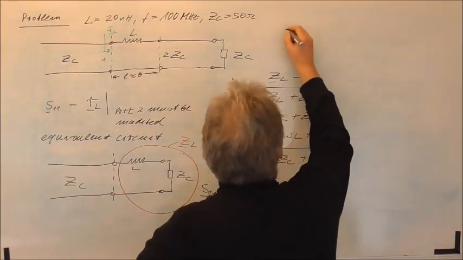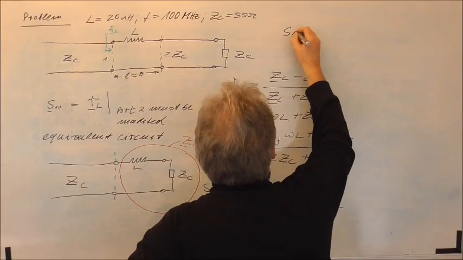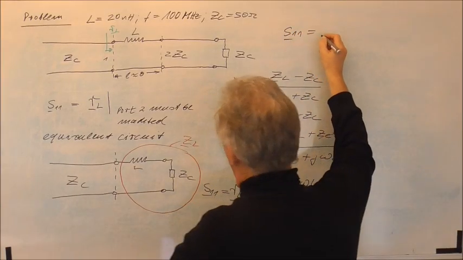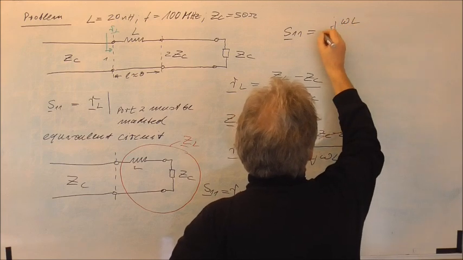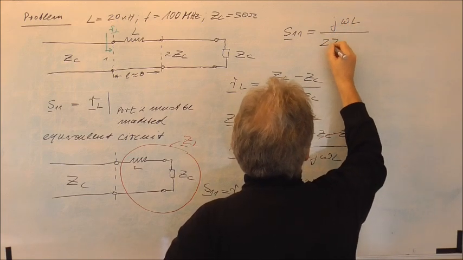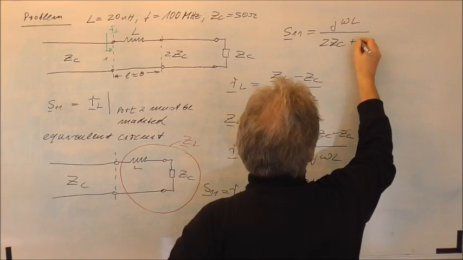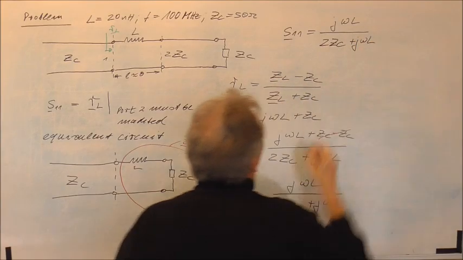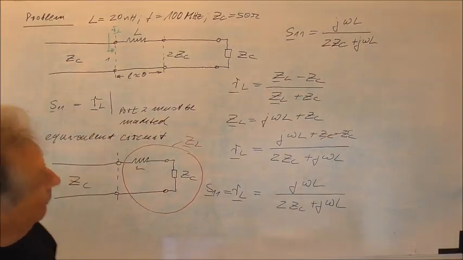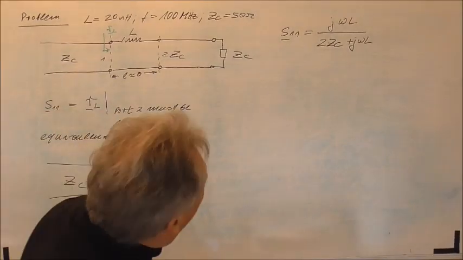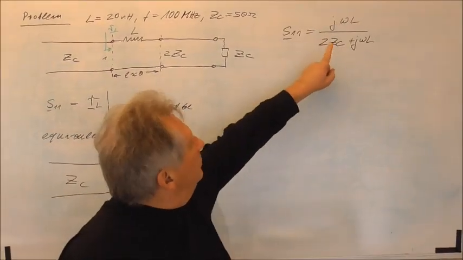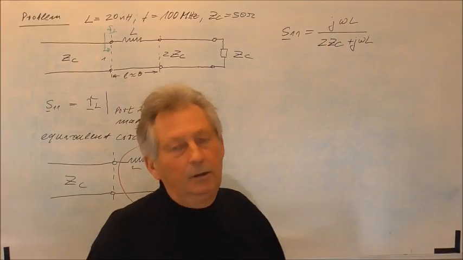So for S11, we get J omega L divided by 2 ZC plus J omega L. So this is our equation for S11. Now you see it's still quite a complicated expression.